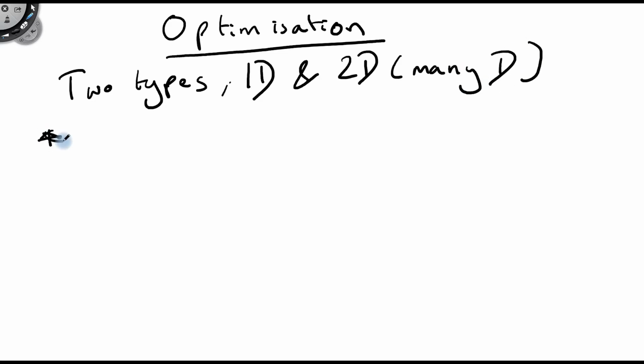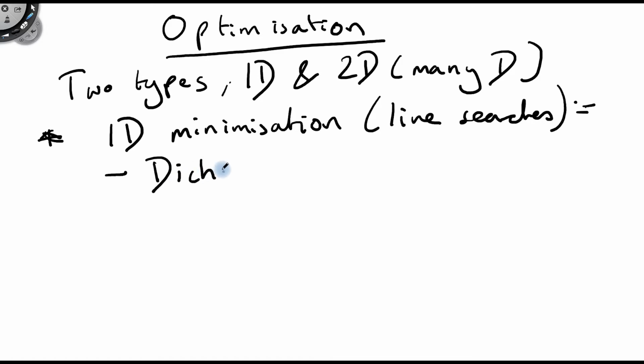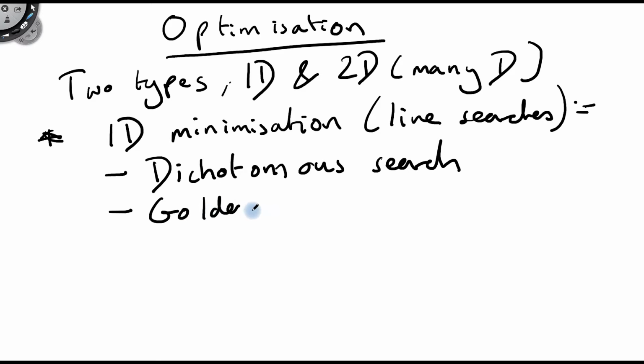For the 1D minimizations, sometimes also called line searches, we're going to compare two methods, one that's an improvement on the other. The first one is called the dichotomous search, and we'll start looking at that today. The second is called the golden section search.